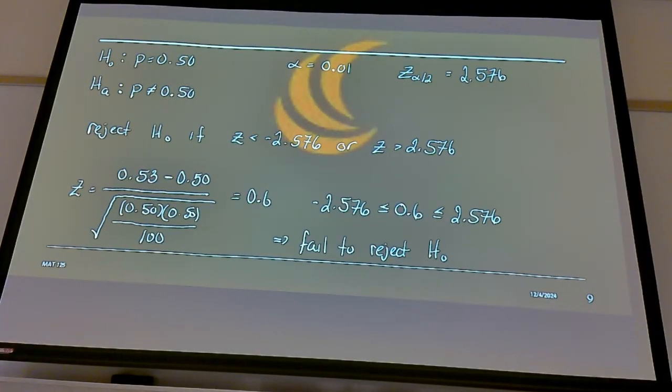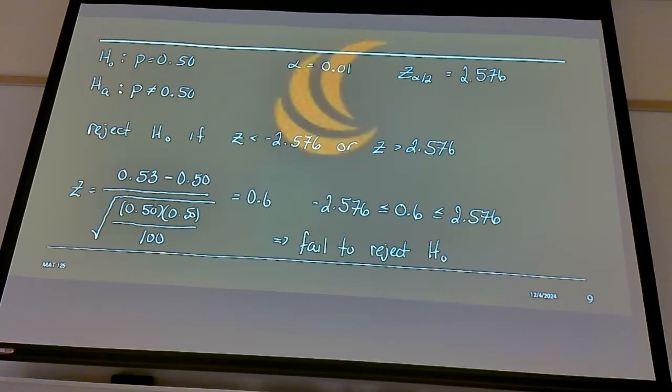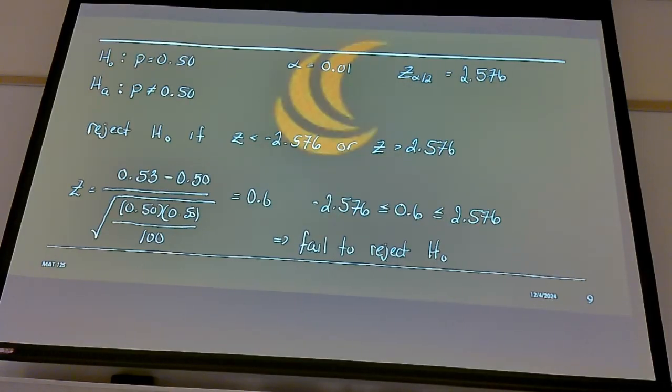I think they're giving you both because they're not assuming what the standard deviation is, if it's the population or the sample. So again, you have to read the problem and determine whether you know the population standard deviation or not. That will tell you which one to use, Z or T.